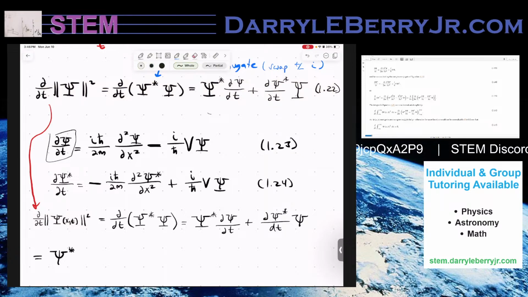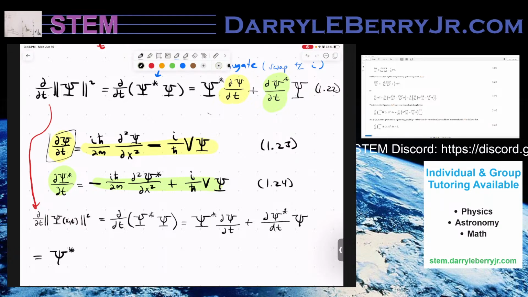This is that part repeated, and this is just filling this back in. But now I have what these are. So this value is this, and this value is this. So now I'm just going to plug that in, see how it works.